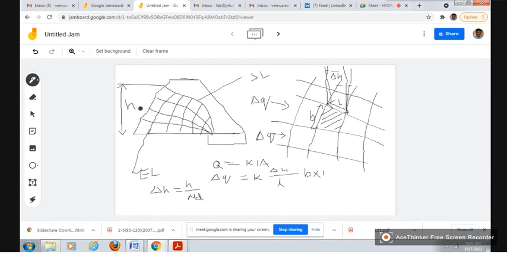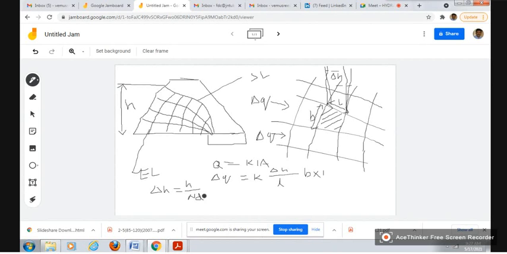So H by 6 gives the head drop in each field. Generally we draw it in such a way that potential drops and flow lines are uniform. Delta H is equal to H by ND.